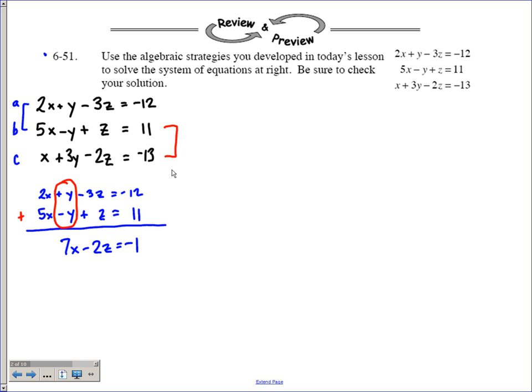So I'm going to say here, I've got x plus 3y minus 2z equals negative 13. And I'm going to use my 5x minus y plus z equals 11.